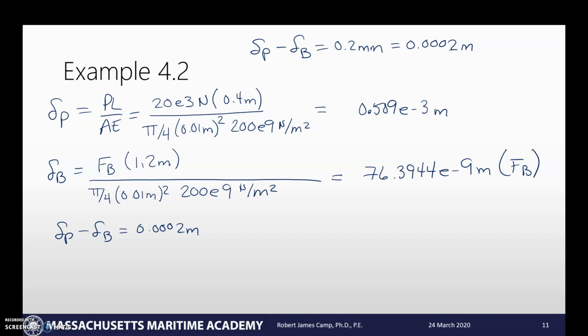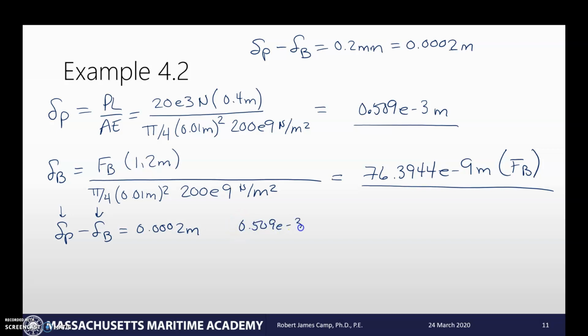And so we can plug that number in, because I know there's my deflection from the initial load. There is my deflection from B. One equation, one unknown. So I just substitute all this in.